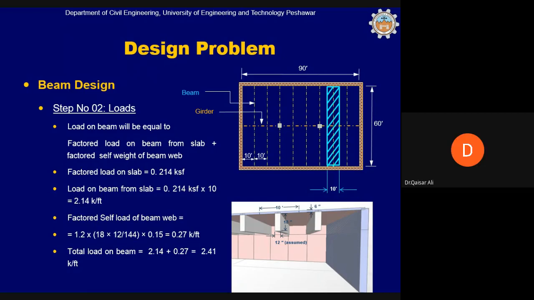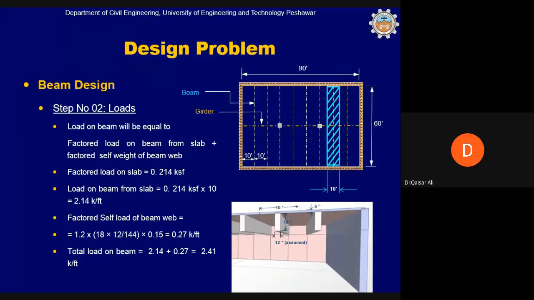Yeah, from an academic point of view, you can assume any depth as long as it is larger than the minimum depth of the ACI. From the academic point of view, it will not make a difference. I am talking about the practical aspect of this assumption, because anything that you design in your design office or in your labs will actually be constructed.